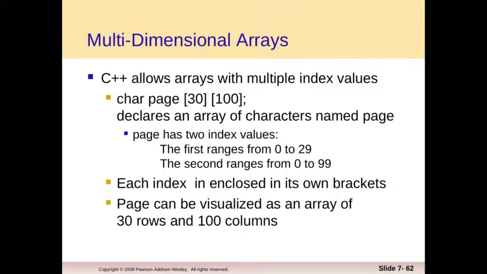So, every one of those index positions from 0 up to 29 is going to be an array of 100 chars. And of course, there are very many ways how we can imagine this arranged. One way that we can think of is that these here form the rows and these here form the columns.